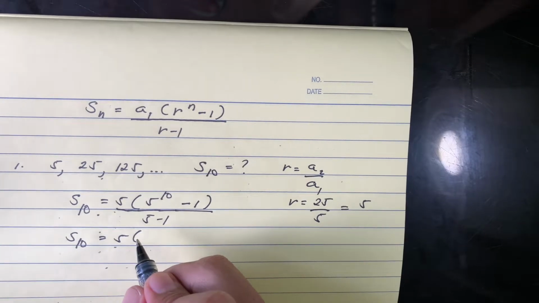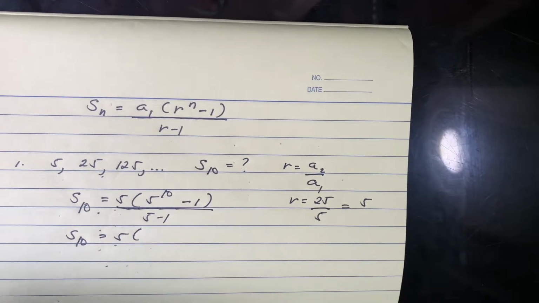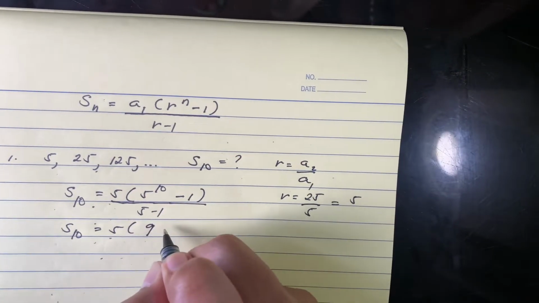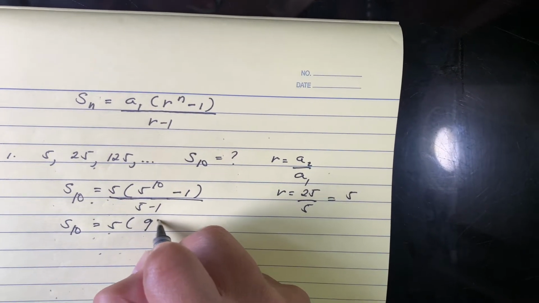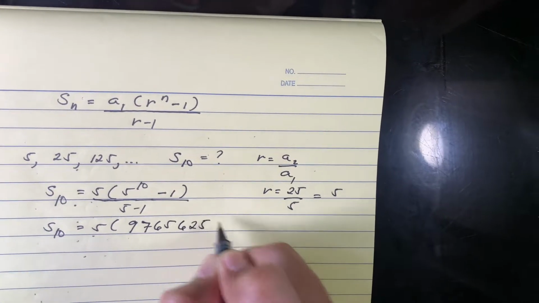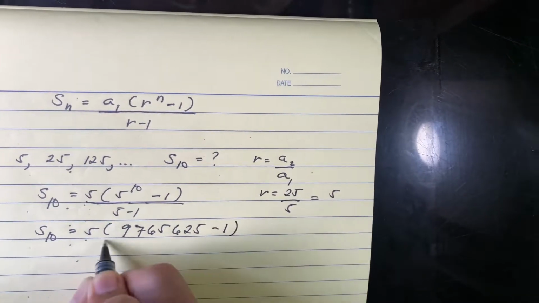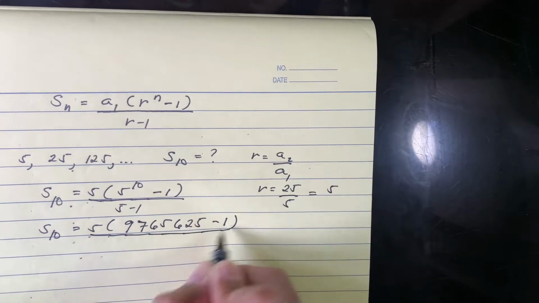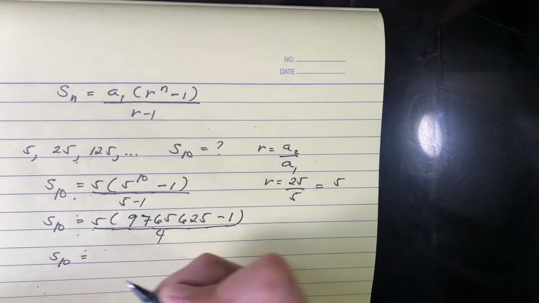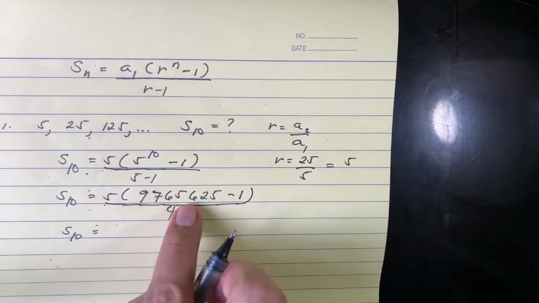What do you think is the answer? 5 raised to the power of 10 is equal to 9,765,625, minus 1. Then divided by 4. Then S sub 10 is equal to, we are going to subtract first.